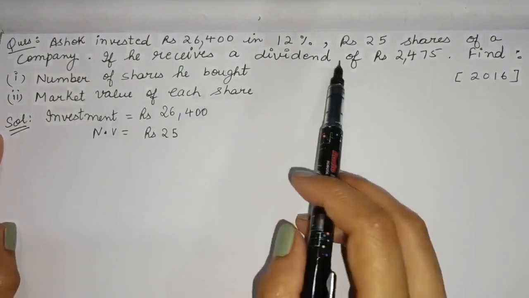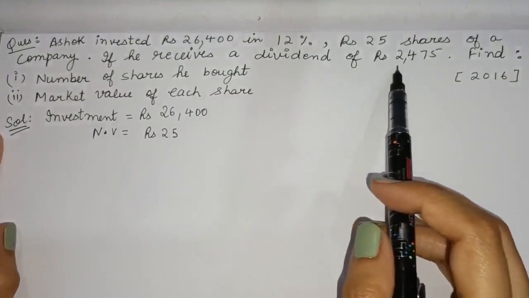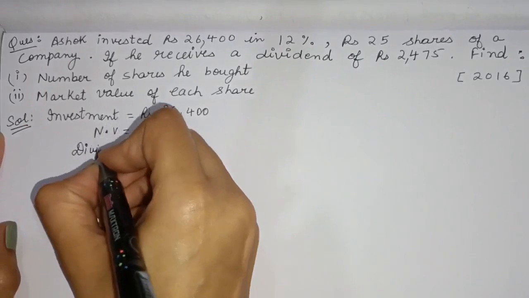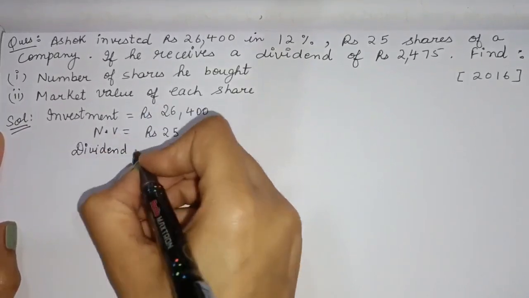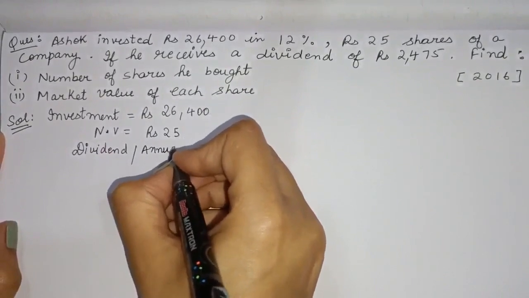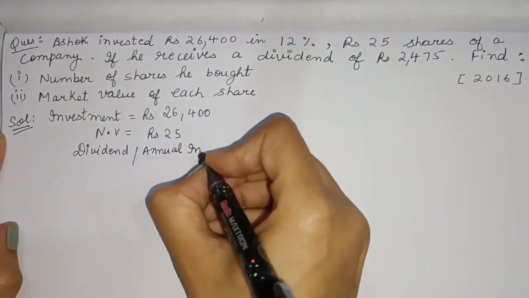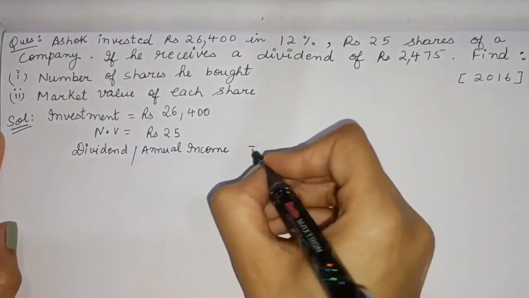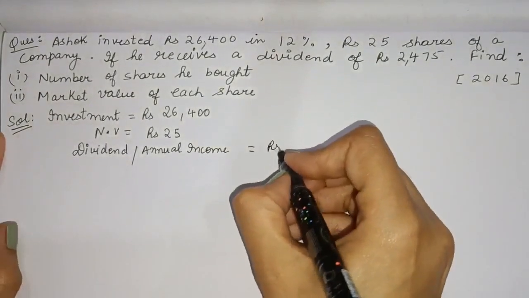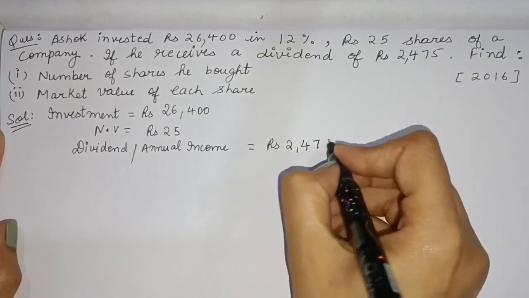If he receives a dividend, dividend means annual income also. Dividend, or annual income, or return also. These are the words for dividend. So this is equal to rupees 2,475.